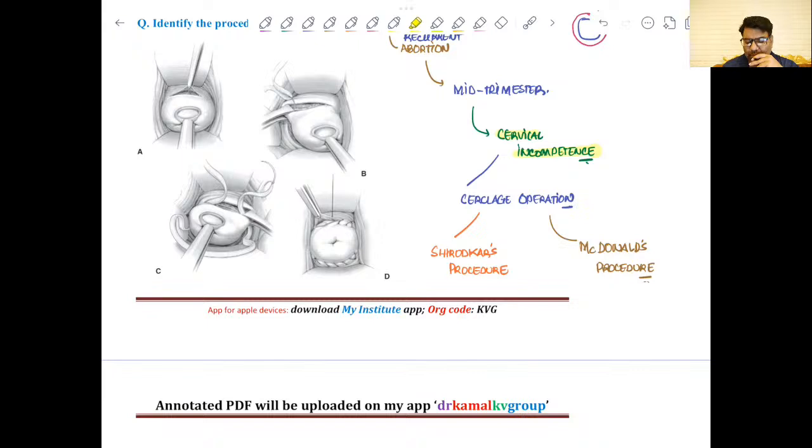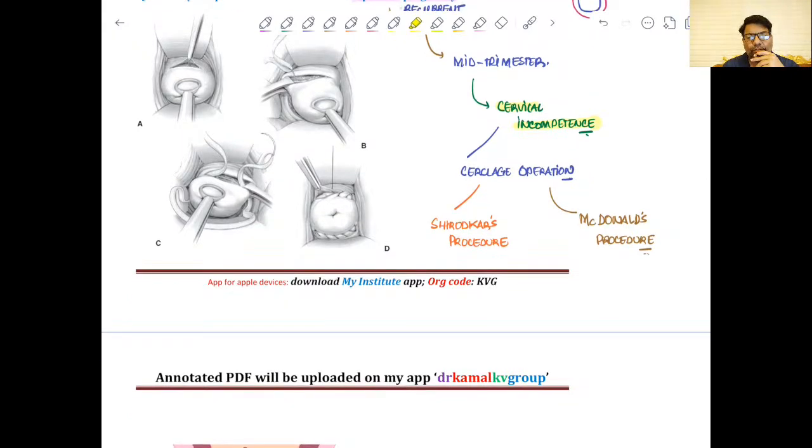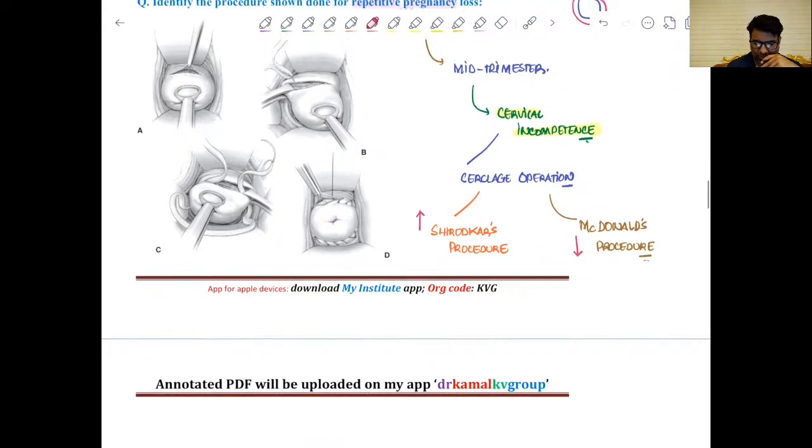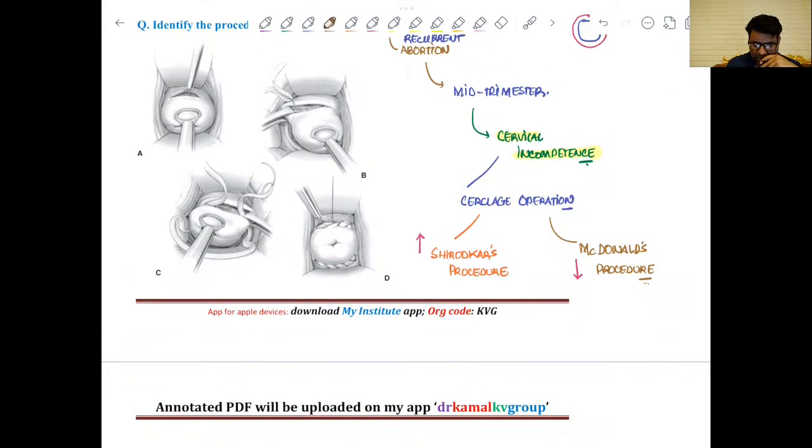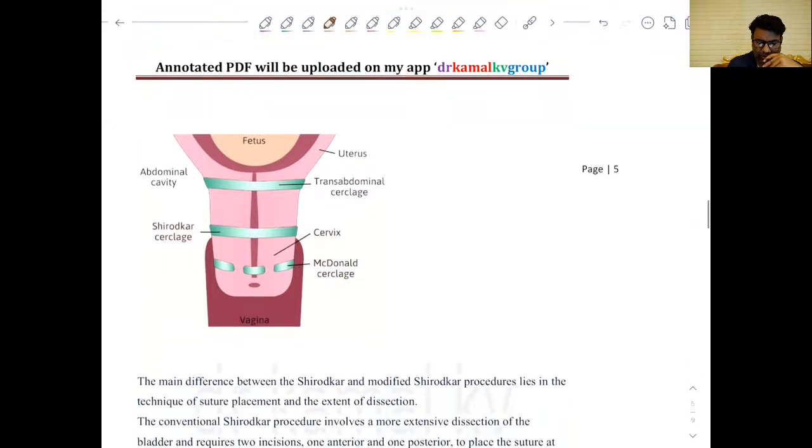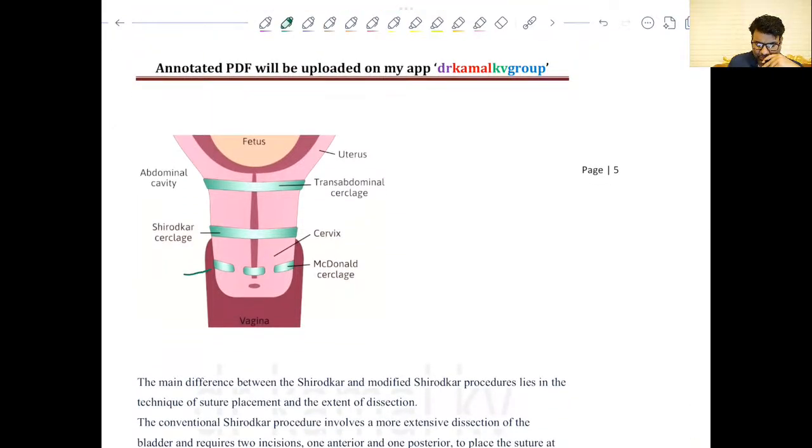The basic difference between the two is in terms of the level of surgery. This is slightly higher and this is slightly lower in terms of anatomy. So McDonald's and Shirodkar's procedure. Now if we look at this image, this is the Shirodkar's procedure, especially the modified Shirodkar's procedure. See, this is the level of McDonald's, and see the level of Shirodkar's cerclage.